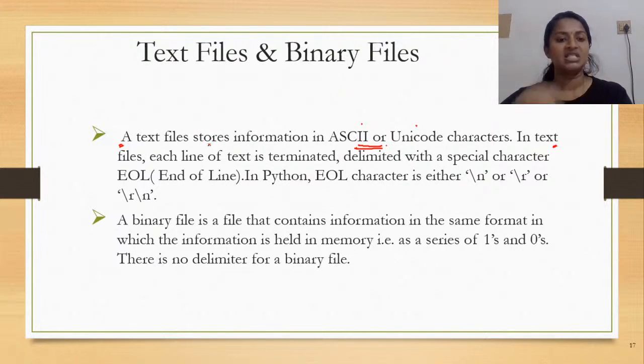Okay. So a text file would store information in ASCII or Unicode characters, or in short, it is nothing but a string of characters. Okay. Yes, Bhavna, that is the expansion of ASCII, American Standard Code for, it is not international information, it is information interchange. Okay.